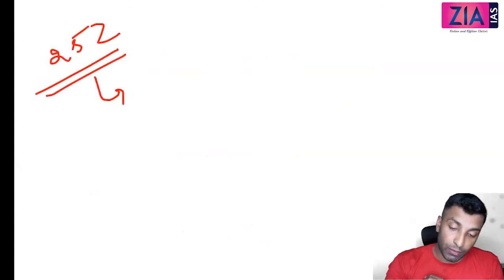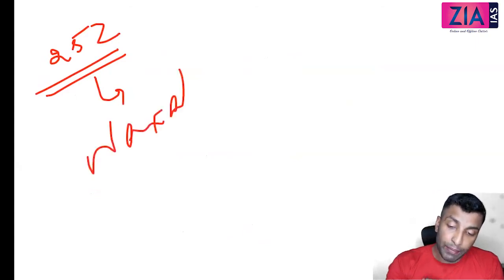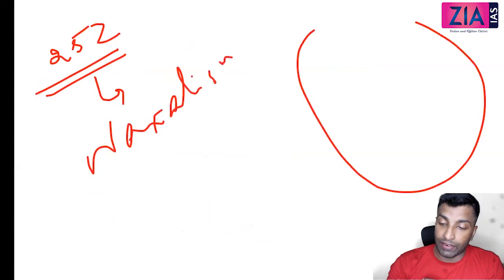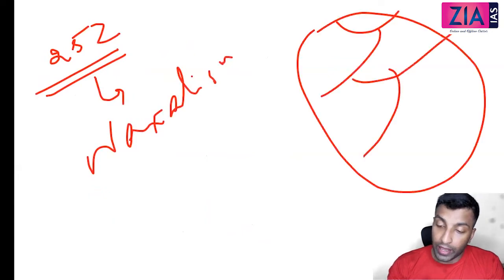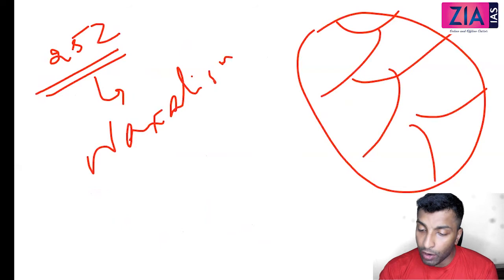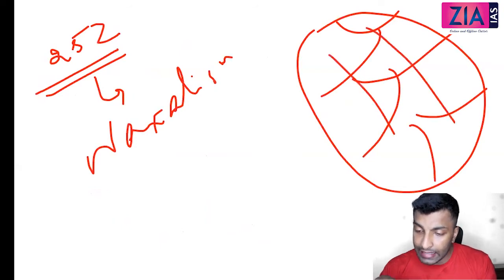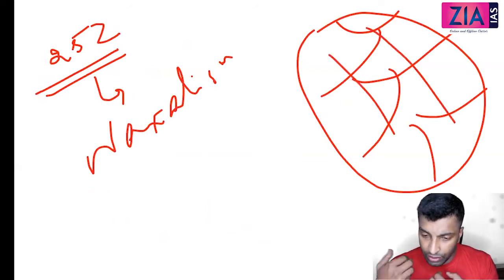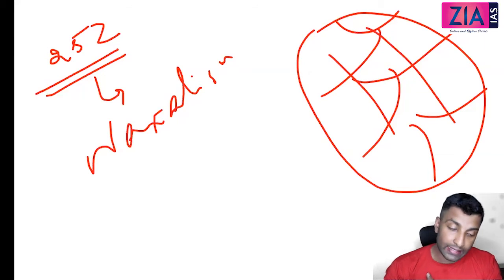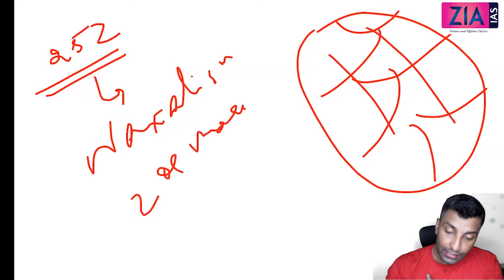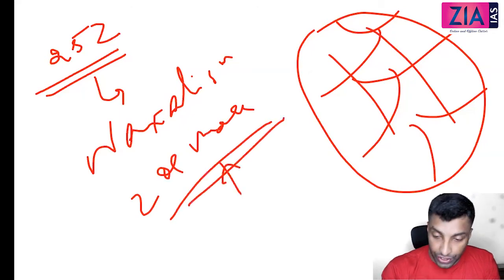For example, when you talk about Naxalism in some areas, some 7-8 states are facing the problem, so there is a common problem for the states. The states' effort is not working well. So what the states can do here is, 2 or more state legislatures pass a resolution authorizing the Parliament to legislate on a state subject.